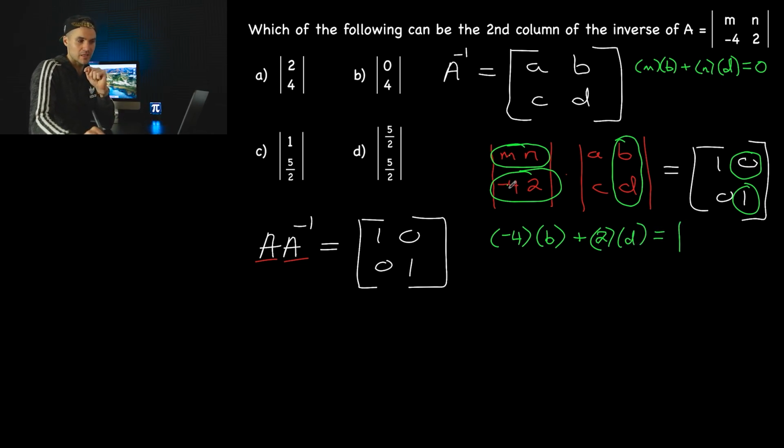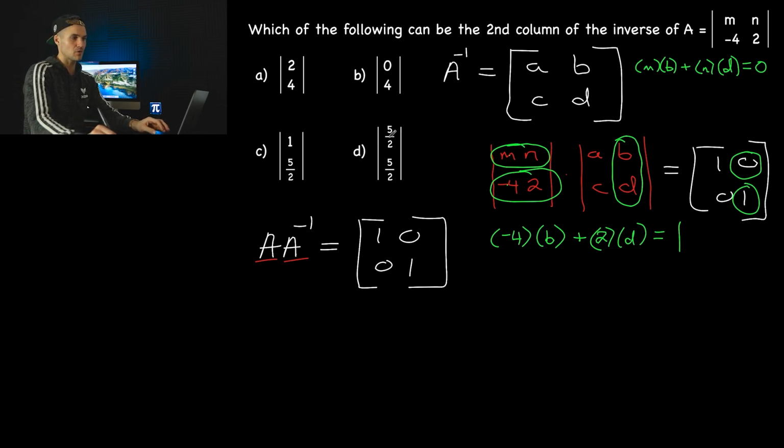And now notice we can use this because here we have actual values, -4 and 2, not just any values, M and N, which we don't know what they are going to be. Meaning that we couldn't use this first row of this matrix, multiplying it by the second column, making it equal to 0, but we can use the second row of the original matrix A, multiplying it by the second column of the inverse. That has to give us that entry of 1.